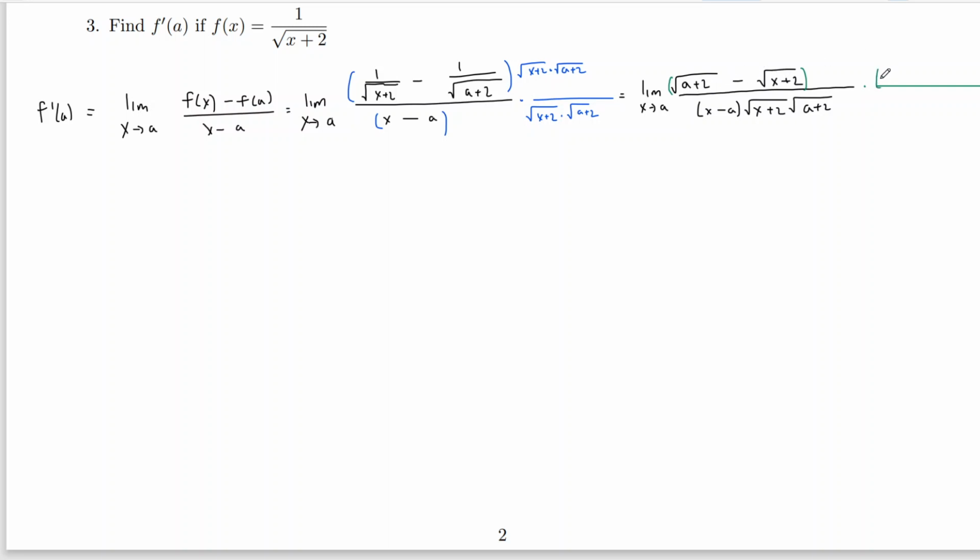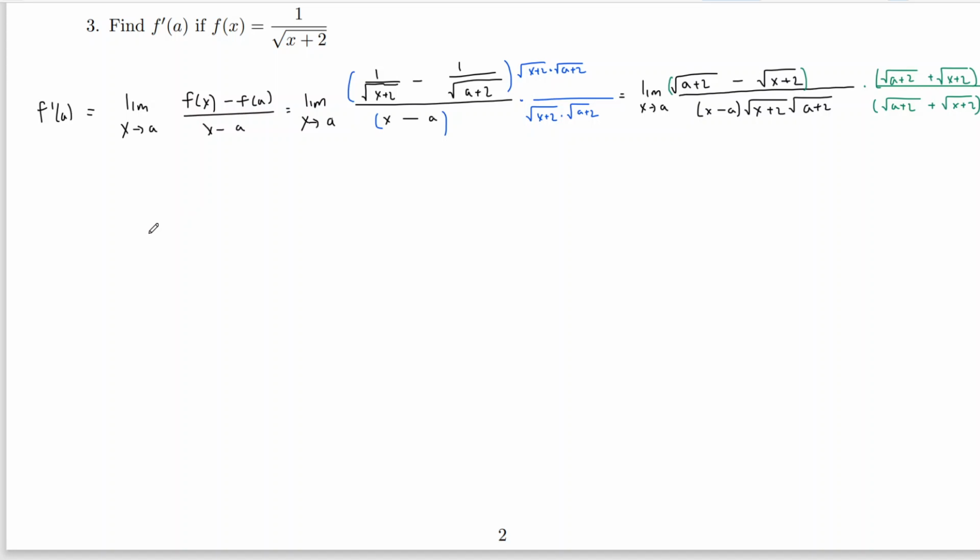Okay, so we're going to multiply by square root of a plus 2 plus the square root of x plus 2. And what we do to the top, we must do to the bottom. So let me go ahead and just write that in. And I know this is probably looking pretty messy, and I would agree. It's looking pretty messy, but we will see why this works so well.